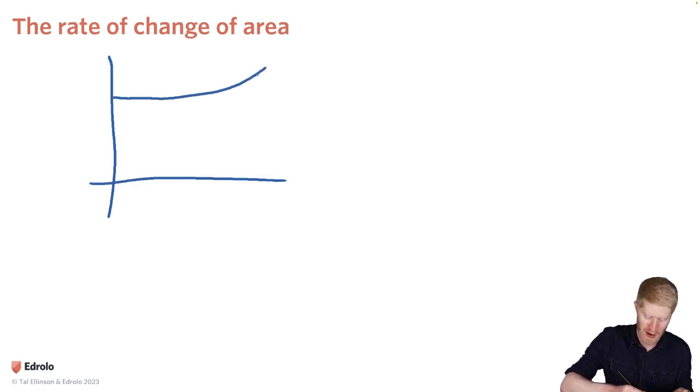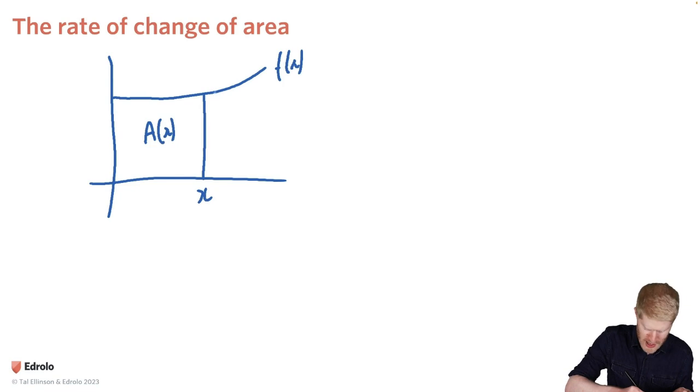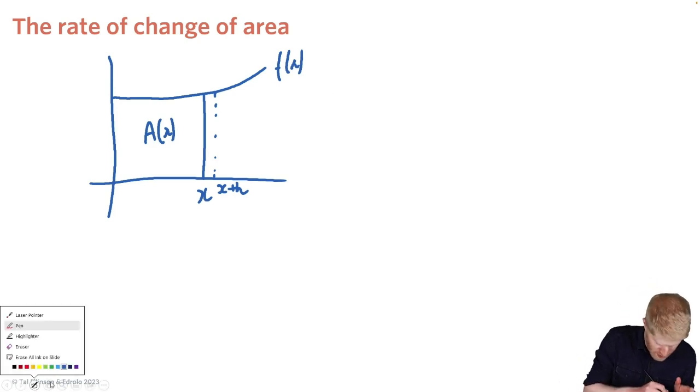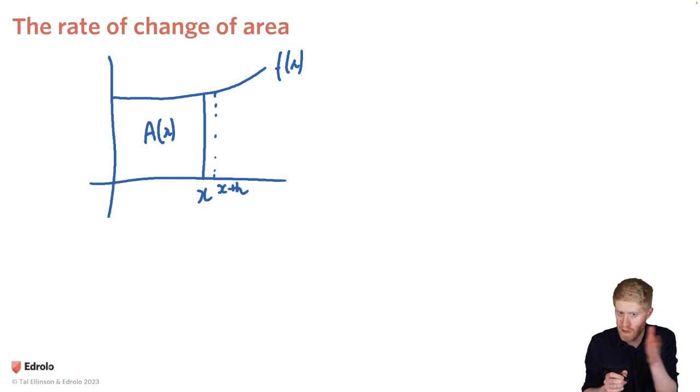We have a function, f of x, and let's say that the area under the curve to the point x is A of x, okay? And someone comes along and says, I want to increase the x by a tiny amount. Let's increase x by a value of h. And someone says, what is the area under the curve to the increased point?